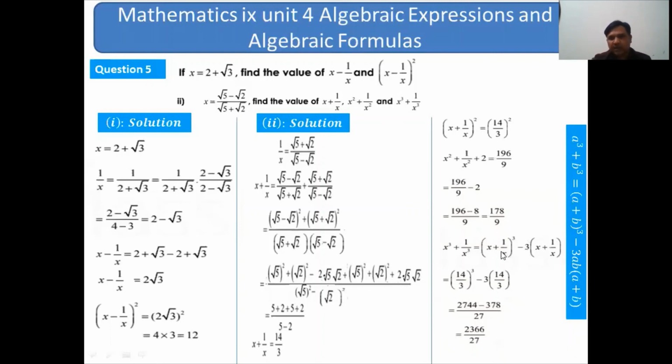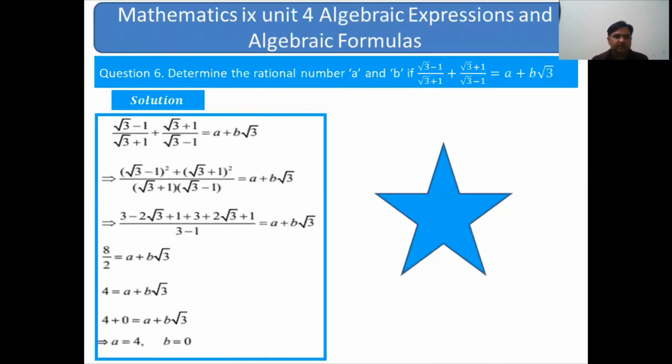So by using the value of x plus 1 by x, which is 14 by 3, we have 14 by 3 whole cube minus 3 times 14 by 3. Here we take the cube, and after simplification we have 2366 divided by 27. So this is question number 5.